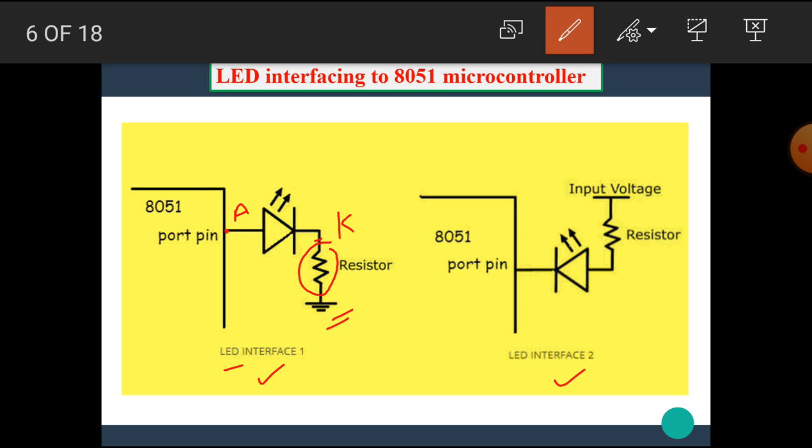To glow this LED, we have to provide 1 to the anode, because it is connected with the ground at the other end. Hence, we have to provide 5 volt to the anode of this LED. This is one type of interface.